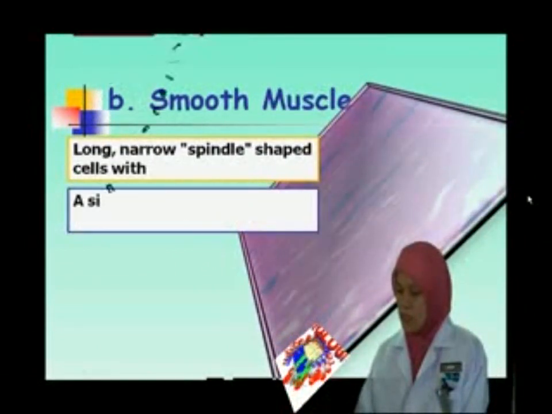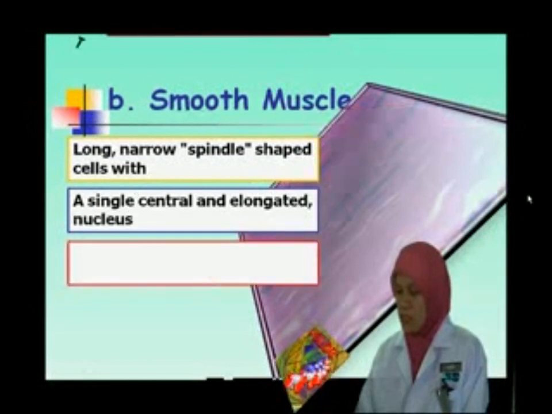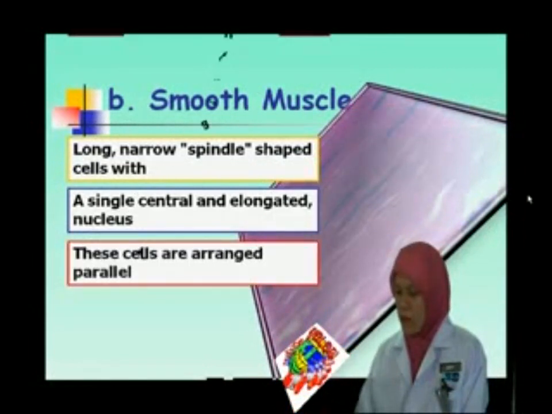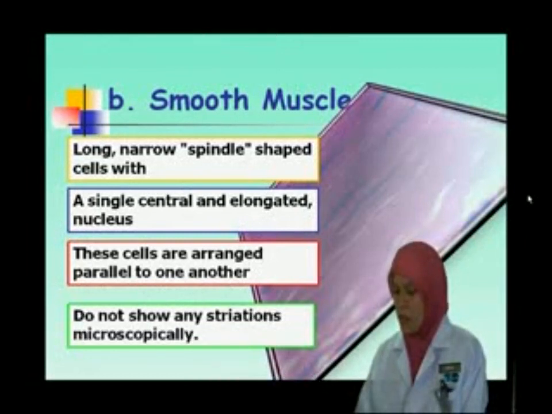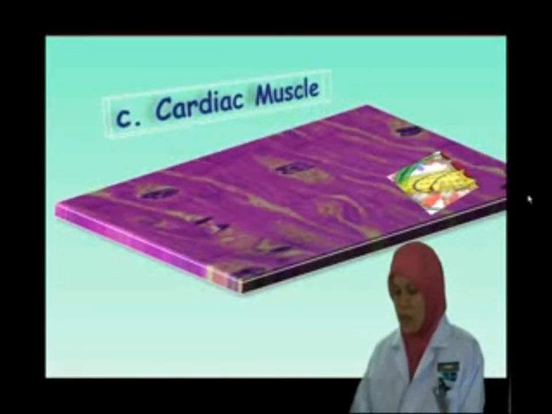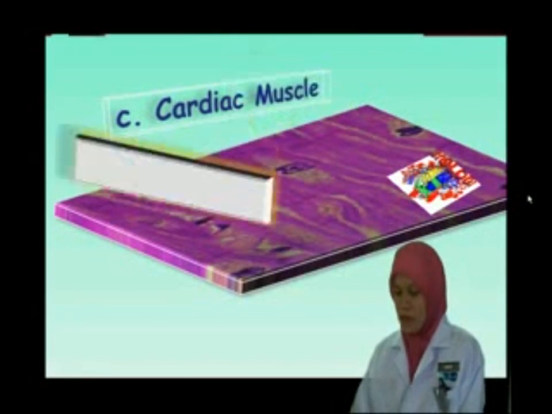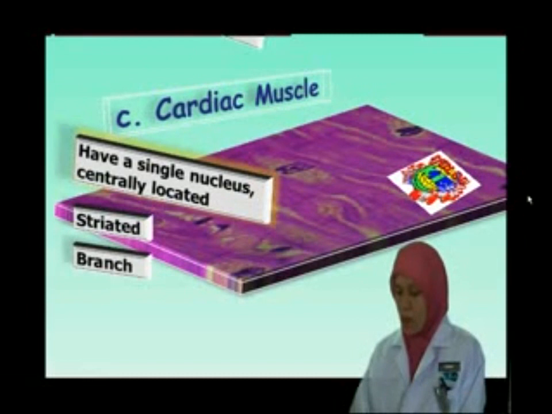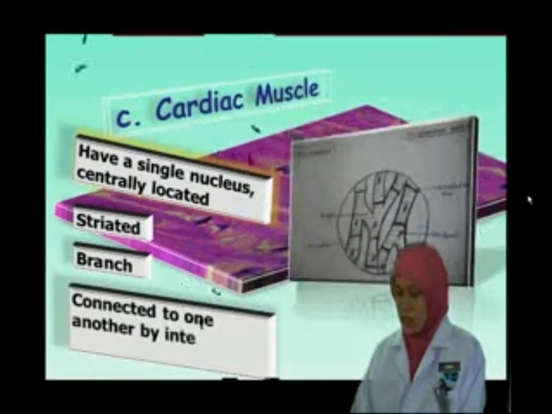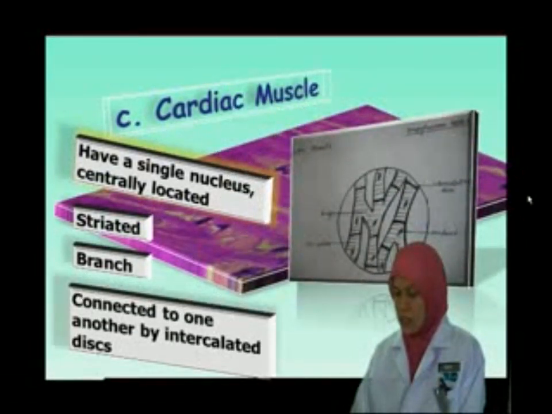A single central and elongated nucleus. These cells are arranged parallel to one another. They do not show any striations microscopically. Cardiac muscle. Have a single nucleus centrally located, striated, branched, connected to one another by intercalated discs.